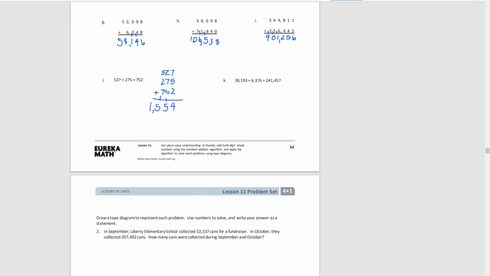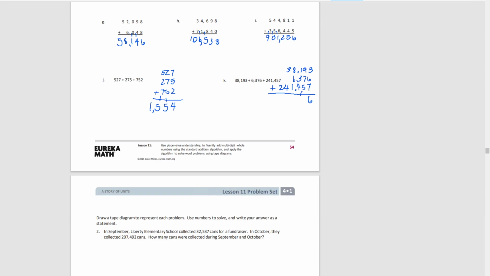Okay, once again, we're going to write our numbers vertically. Make sure you line up the place values, so all the commas should be lined up. So we make sure we're adding together the correct units. So here when we add together the ones, we get 3 plus 6 is 9, plus 1 more is 16.